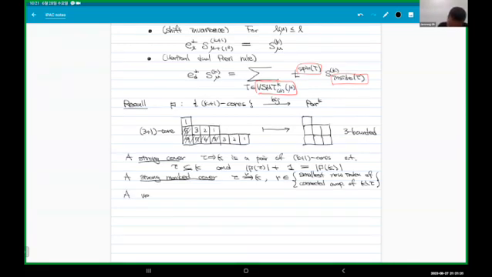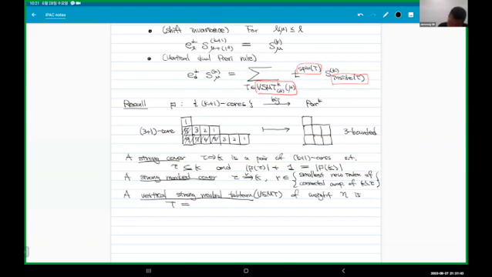And finally, a vertical strong marked tableau, a VSMT of weight eta, is a sequence.